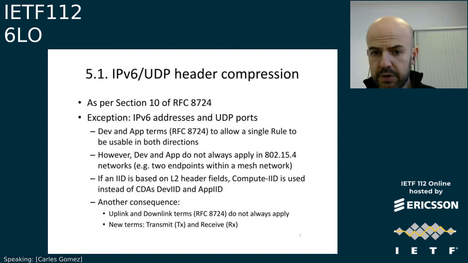Instead, we use compute IID. And then there's another consequence, which is that in the base SCHC specification, the terms uplink and downlink are defined by using dev and app. So if dev and app do not always apply, the same happens with uplink and downlink. So perhaps we may want to use new terms, at least in some cases, which could be transmit and receive, as is in version 01 in this document. Next, please.